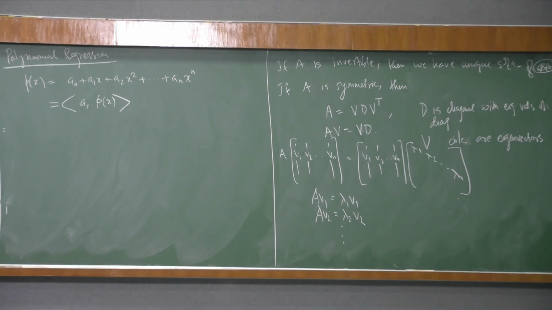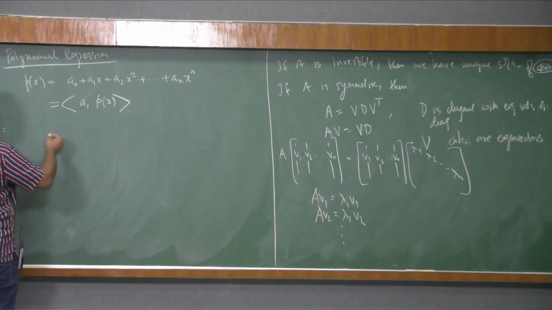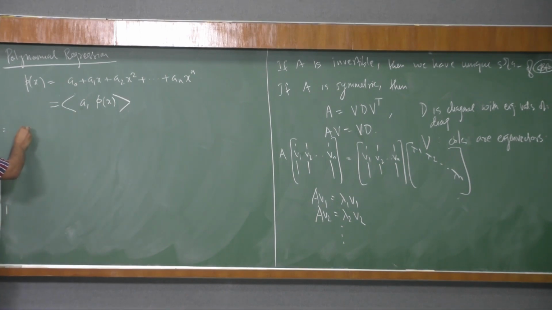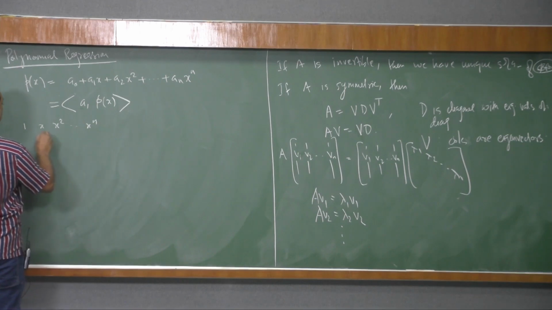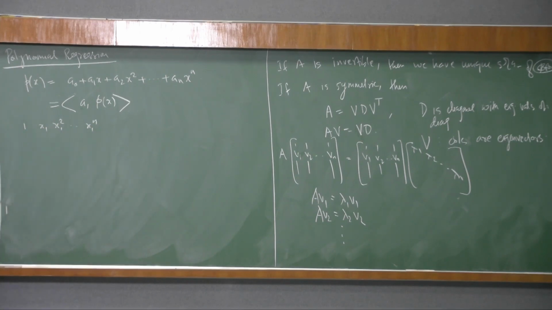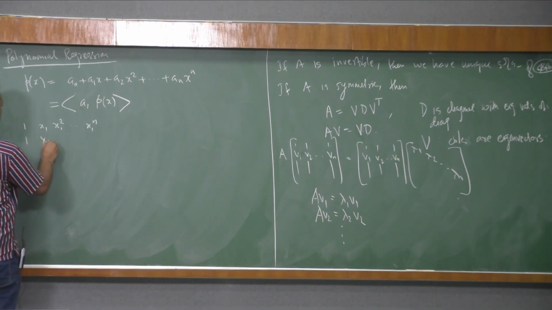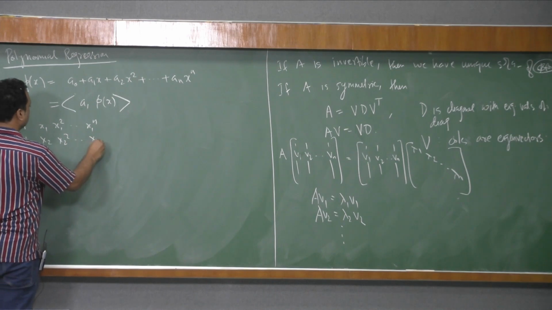Because again, I prefer to use the matrix form. In fact, I have done this already once before as well. In this case, our features become 1, x, x square, up to x^n, and these are for the first sample. I have the first row, and then for the second sample I have the second row, and so on.